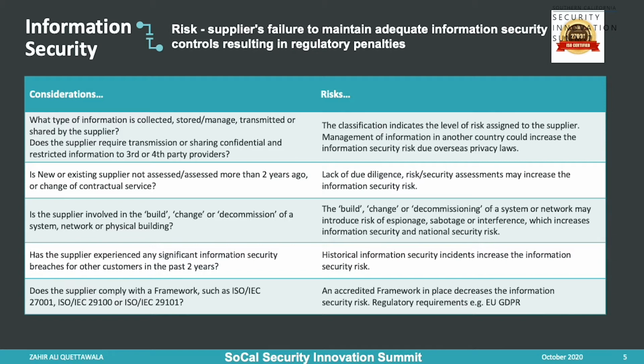Does the supplier transmit or share confidential or restricted information to third or fourth party providers? Remember that if they are storing information which is critical or important to us, that could matter. Plus the country they belong to.